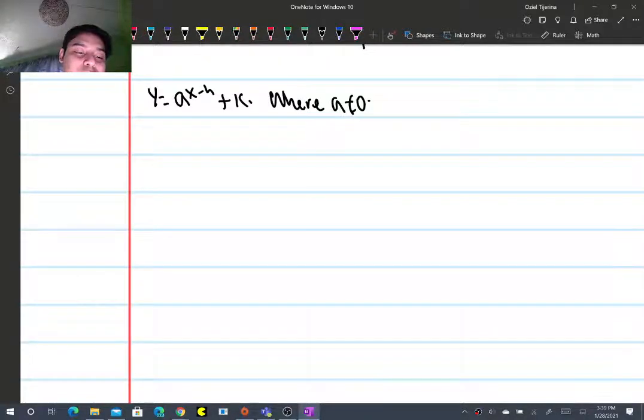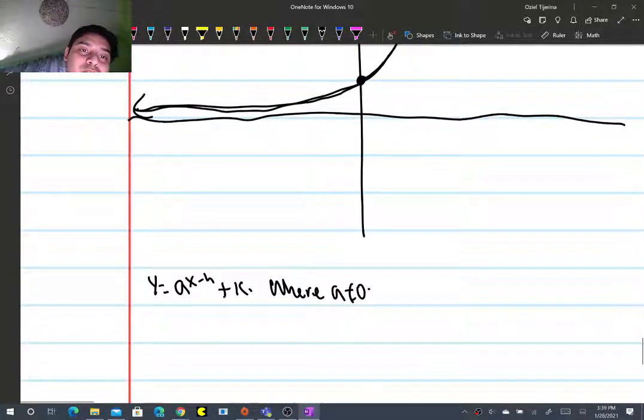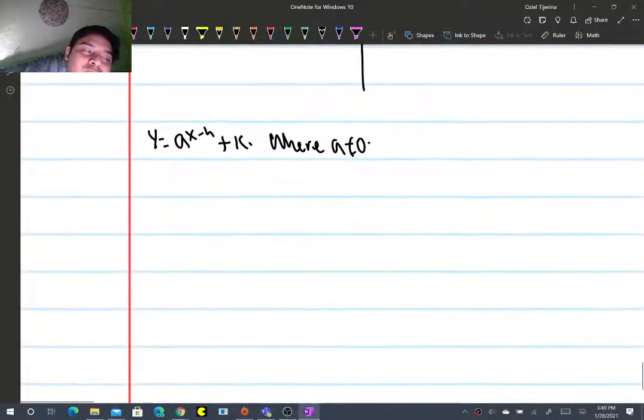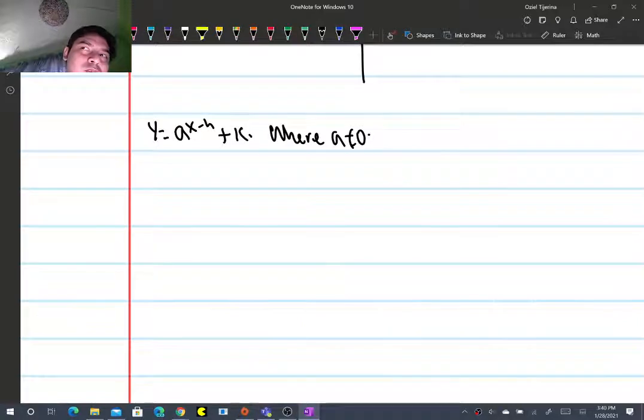You can also have something in front of your e, so you can have y equals a e to the x minus h plus k if you wanted to. I don't really see those as common as functions like y equals 2 to the x. But that's kind of the notation.